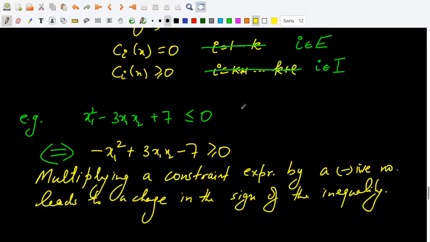This is a very important property. This will be used again and again to bring the problem into the form that we like.